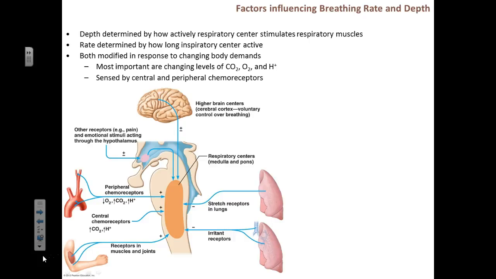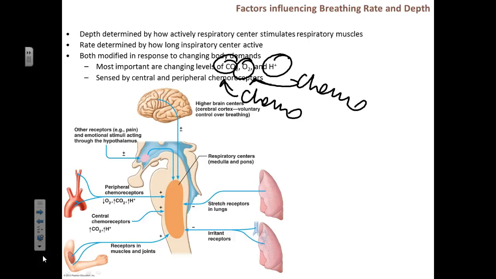Now, why we're discussing this is to establish the factors that affect the breathing rate. The most important contributors here: carbon dioxide chemoreceptors, oxygen chemoreceptors, and proton chemoreceptors.